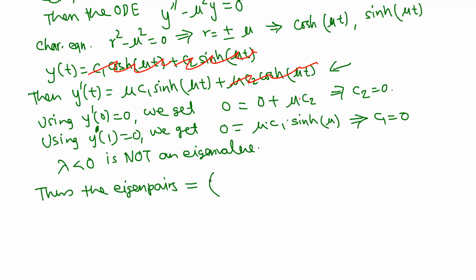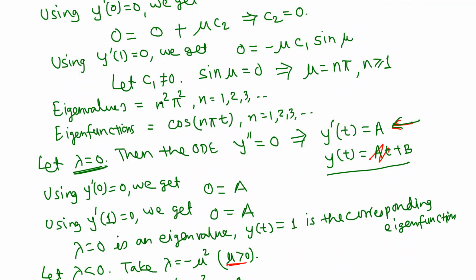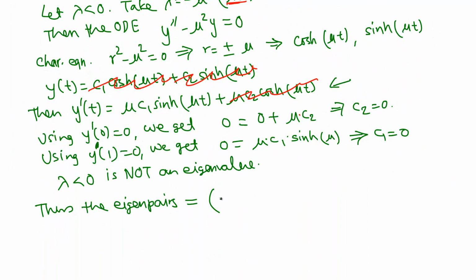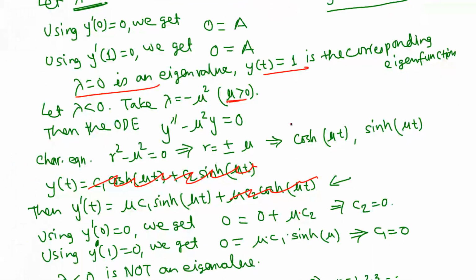in the first case, when we have lambda positive, we got n squared pi squared as the eigenvalues and cosine n pi t as the eigenfunctions, for n equals 1, 2, 3, etc. And we also saw lambda equals 0 eigenvalue, and 1 is the corresponding eigenfunction.